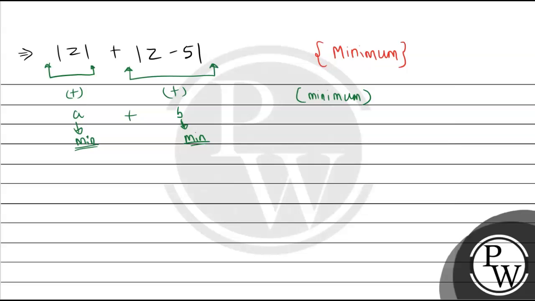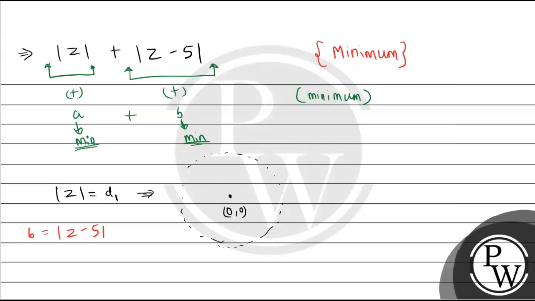This a value is mod of z. Mod of z means there will be one circle with center at origin, but we are not sure of the radius, so let's assume it as d1. So there will be a radius d1 of this circle. Now there will be another value, b, which is equal to mod of z minus 5.